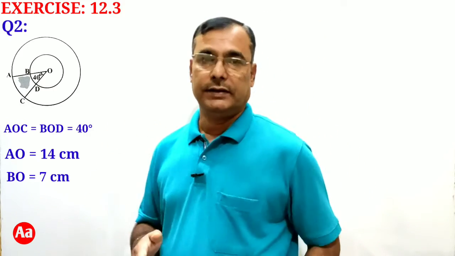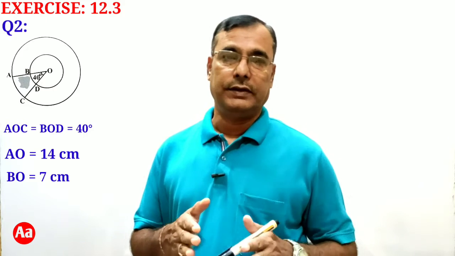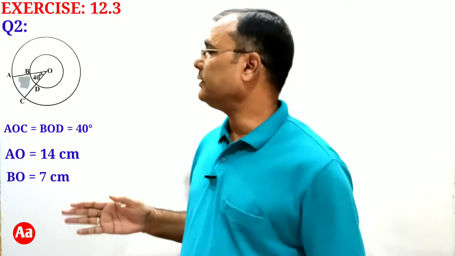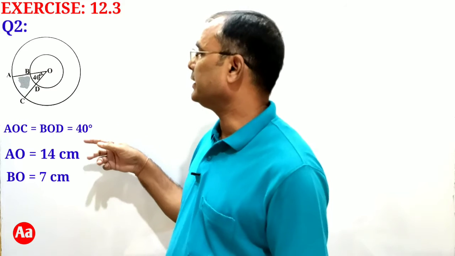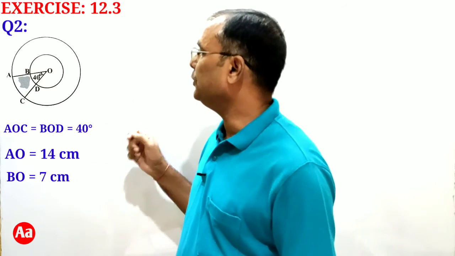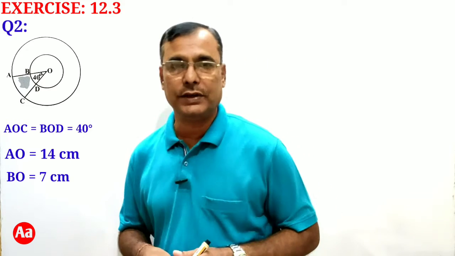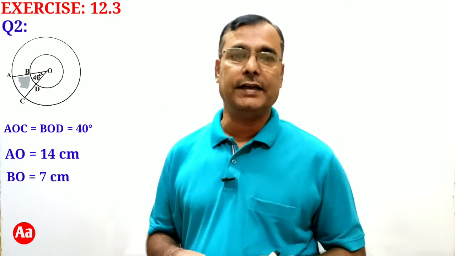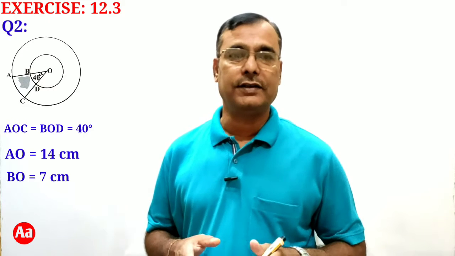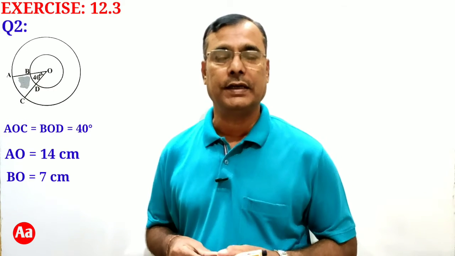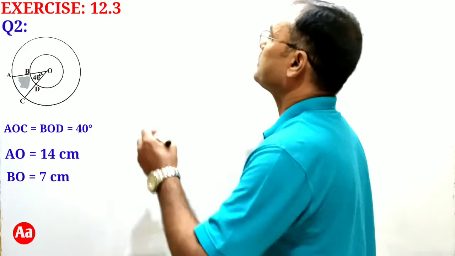Area of the shaded region that we have to find is enclosed between two sectors AOC and BOD of the two concentric circles. So let R1 and R2 be the radii of the two concentric circles which are given 7 cm and 14 cm.